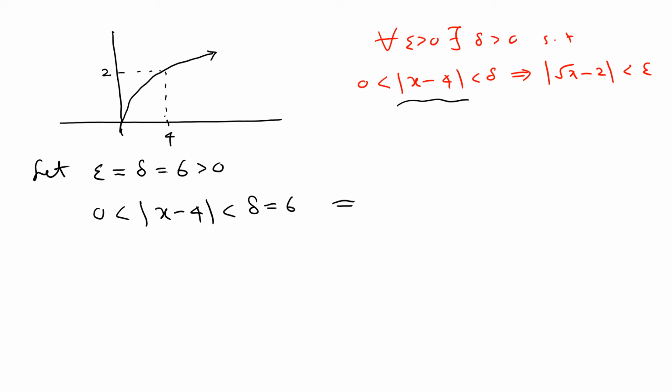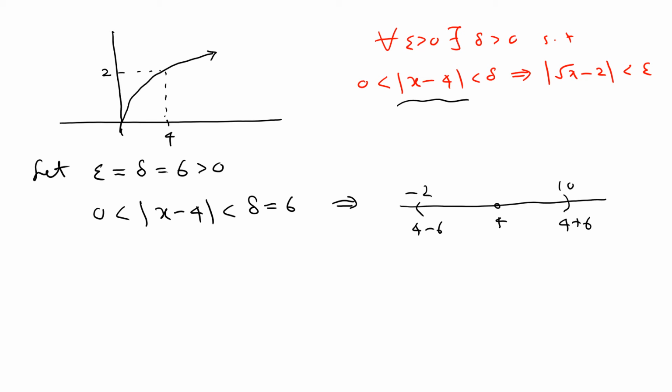So if you write it in the expanded form, this is the number line. We have number 4, and then we go 6 units away from that. So this is 4 plus 6, which is 10, and then to the other side, 4 minus 6, which is negative 2.